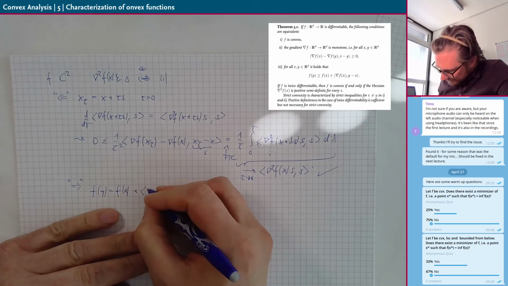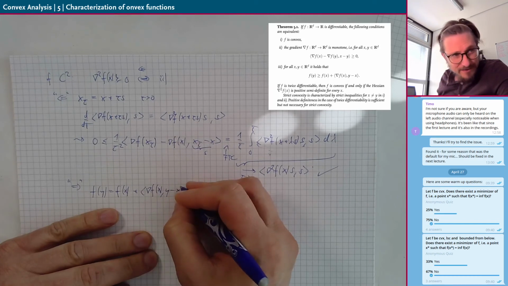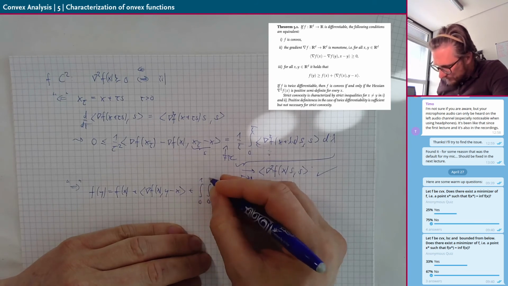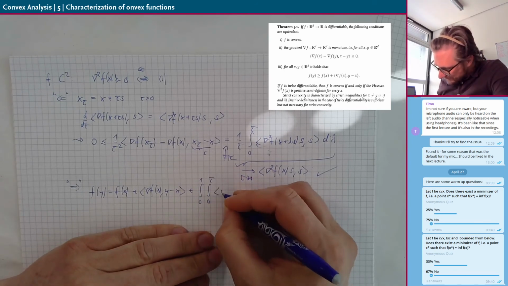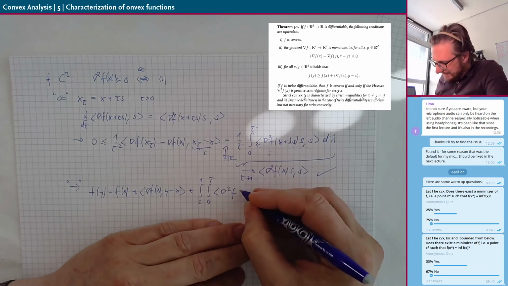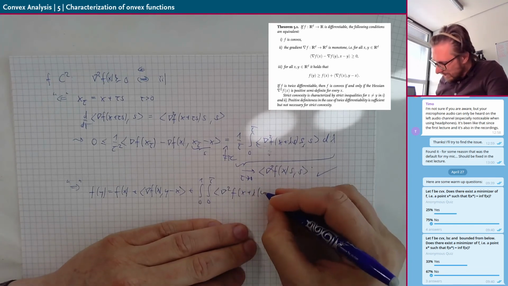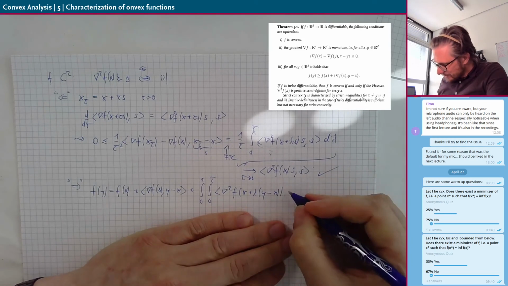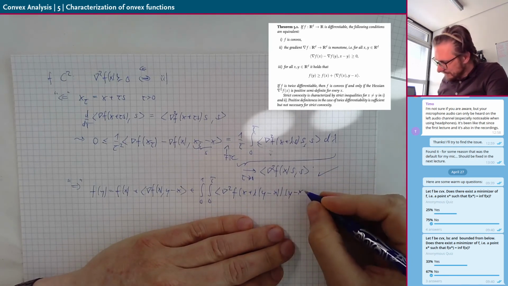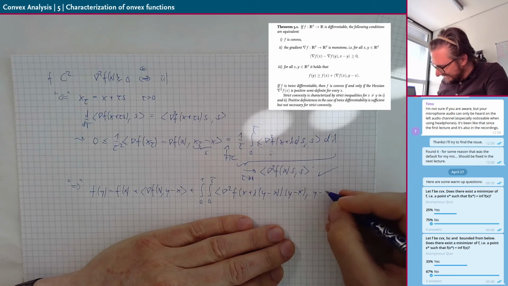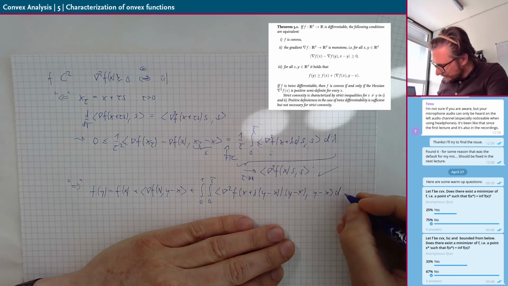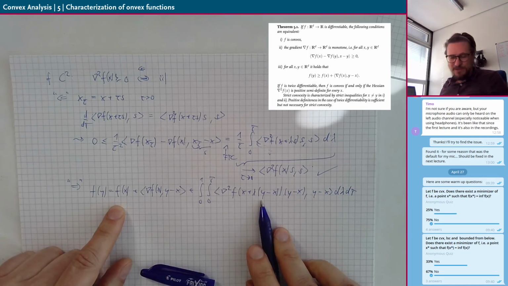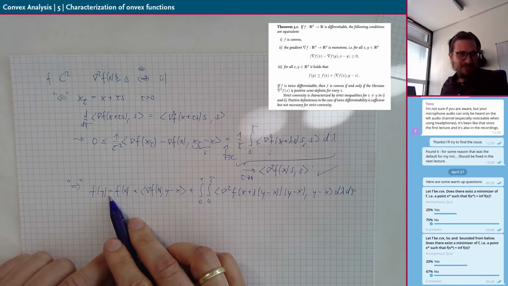If we have a term like gradient f of x times y minus x, and we add a double integral from 0 to tau and from 0 to 1, and inside we have the Hessian of f at x plus lambda times y minus x, times y minus x, and then the inner product with y minus x again, integrated first over lambda and then over tau. You can check using the fundamental theorem of calculus twice that this inequality is valid.